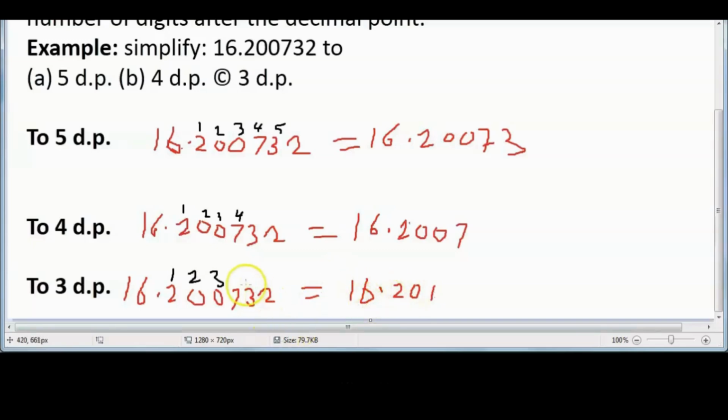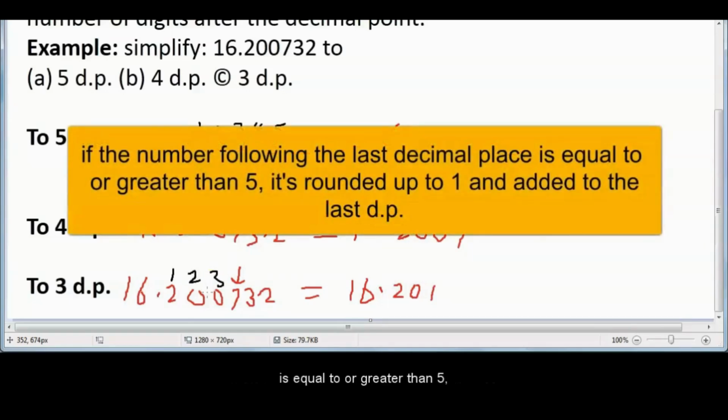That's 7, and 7 is greater than 5. So it has been rounded up to 1 and added to the last decimal place. If the number following the last decimal place is equal to or greater than 5, it is rounded up to 1 and added to the last decimal place.